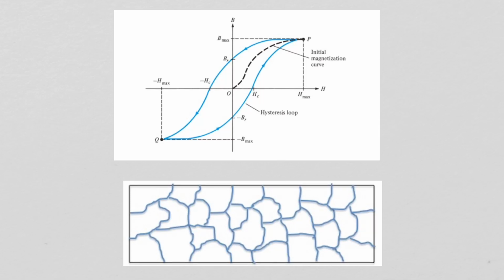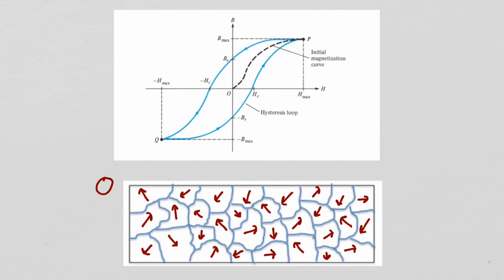So let's say this is our piece of iron, and here I'm looking at the different domains inside this piece of iron. Inside each of these domains, the iron atoms will all have their magnetic dipole moments pointing in the same direction. So let me put a single arrow inside each of these domains to represent the direction of those magnetic dipole moments.